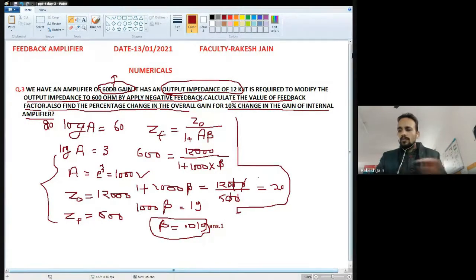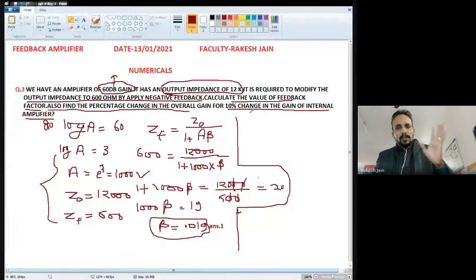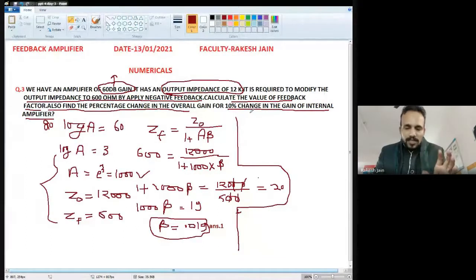Yesterday we proved in the benefits that the change in the gain of an amplifier with feedback is always lower than the change or variation in the gain of the without feedback case.